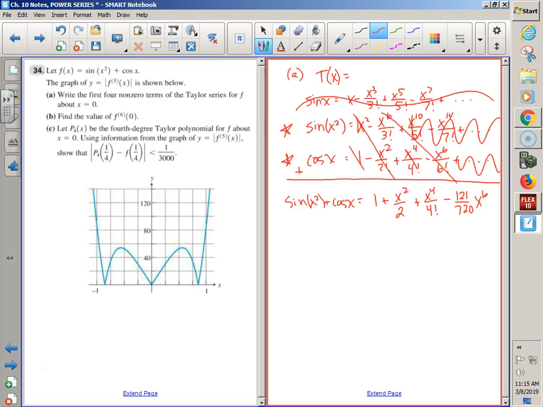Now, why are they asking me in letter B for the 6th derivative? Find the Taylor. Because I have the 6th degree term. And if Riley had kept going, and if she had found f and f prime and f double prime and f triple prime, and if she had plugged into all of them, she would have gotten this exact same thing, which means this 6th degree term has what in front?